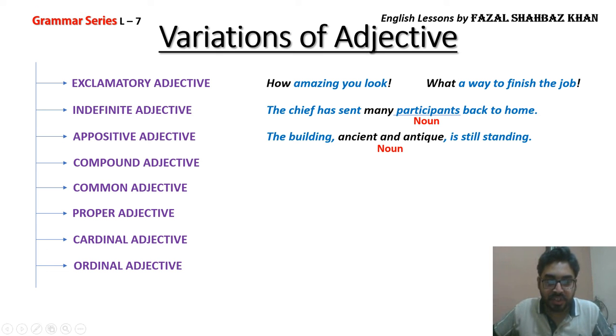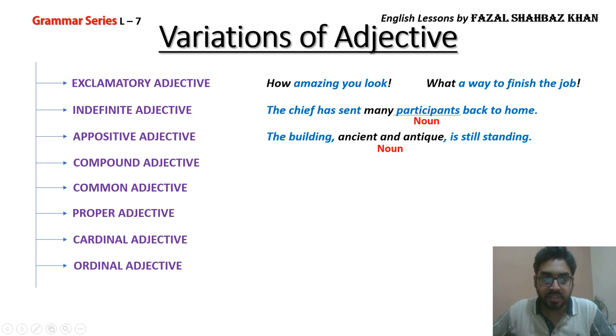Building is a genuine noun, and I'm modifying it by using other nouns in the position of adjectives. So that is why it is called an appositive adjective. It means such nouns or adjectives which are used as adjectives, or when seen differently, they are different word classes.